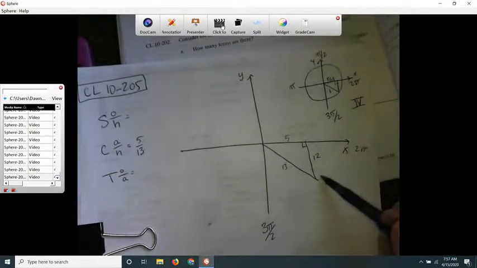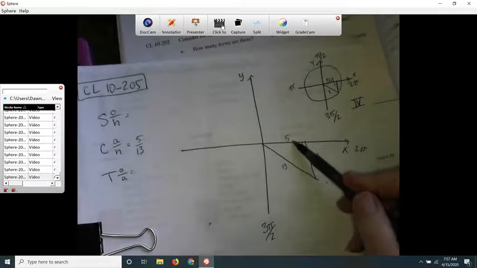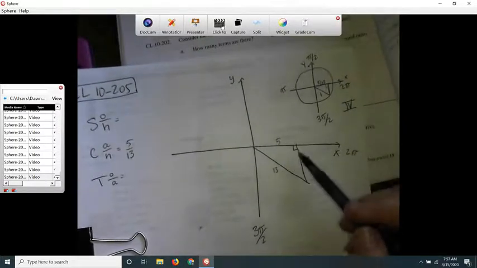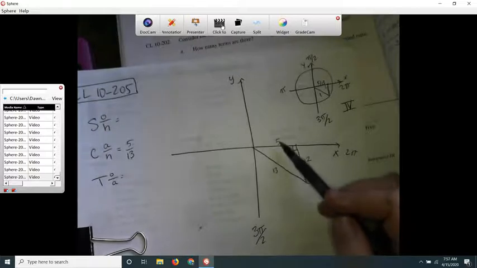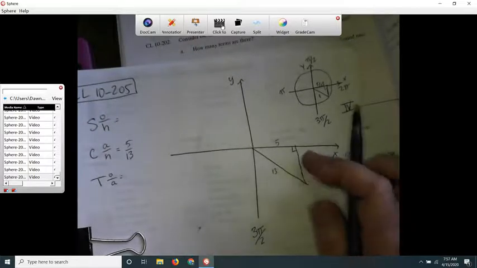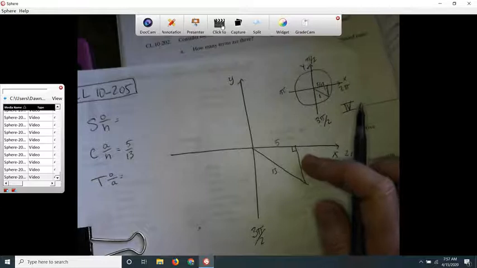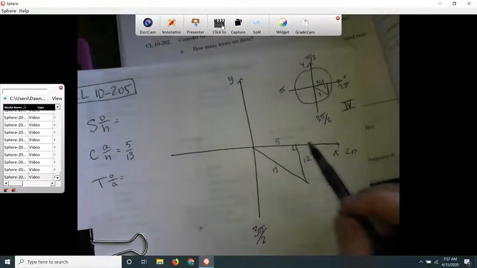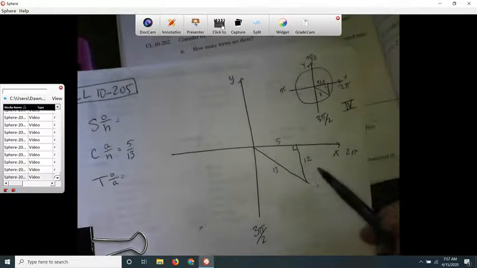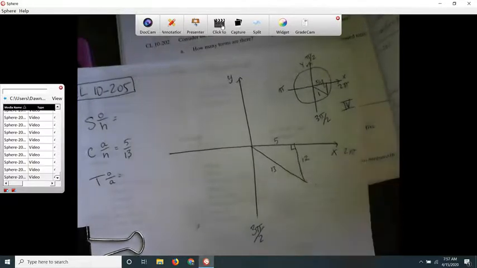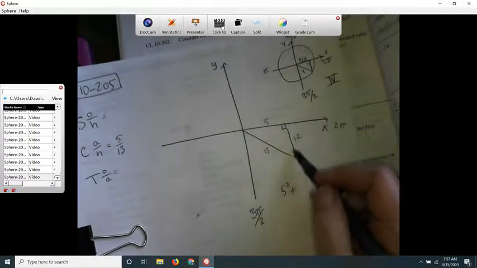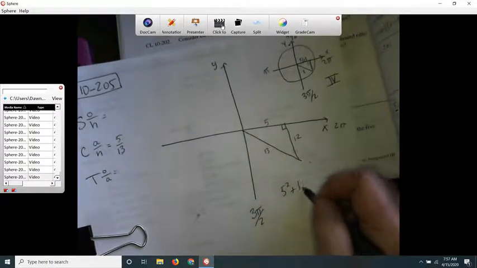And why would I prefer that? Well, now I can use Pythagorean theorem. A squared plus, I already figured out, I think this is 12, because I know there's Pythagorean triples of 5, 12, 13, so I didn't have to do the math. But if I wanted to do the math, I could go a squared plus, pretend I didn't know what that was, b squared equals c squared, right?